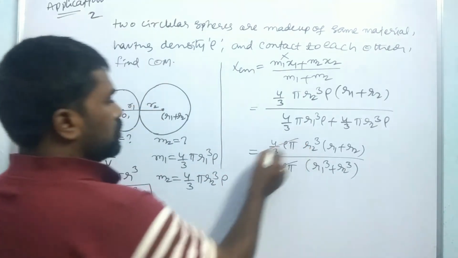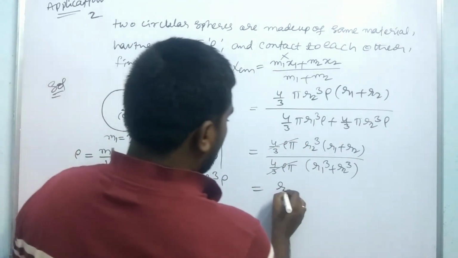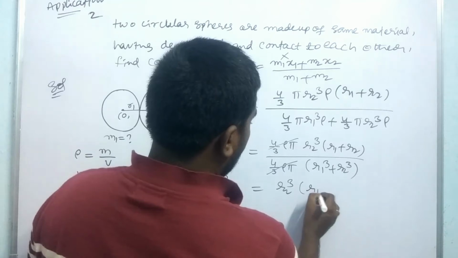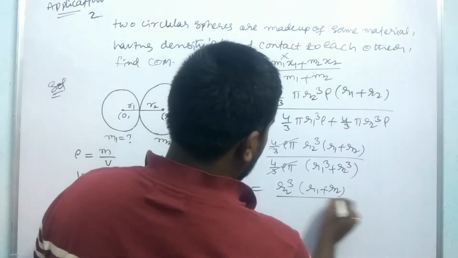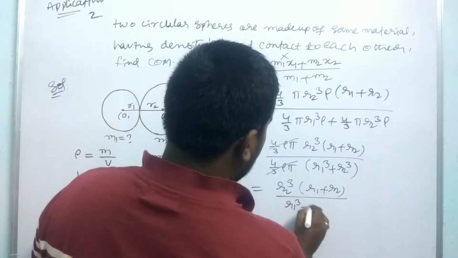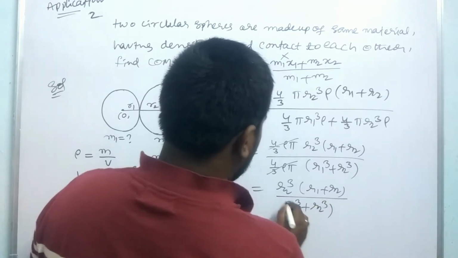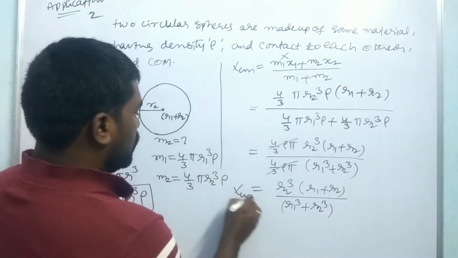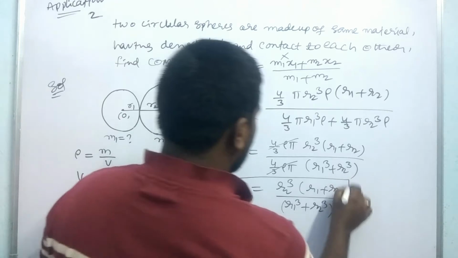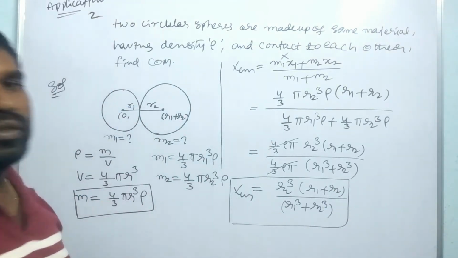So these two terms are cancelled out. It is equal to r2 cube, r1 plus r2, by r1 cube plus r2 cube. So this is the center of mass of the two spheres which are in contact with each other, made up of the same material.